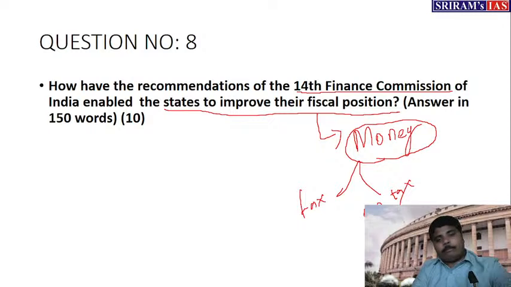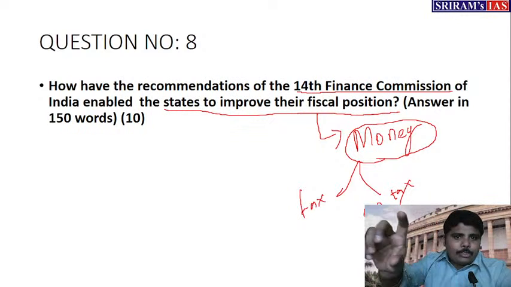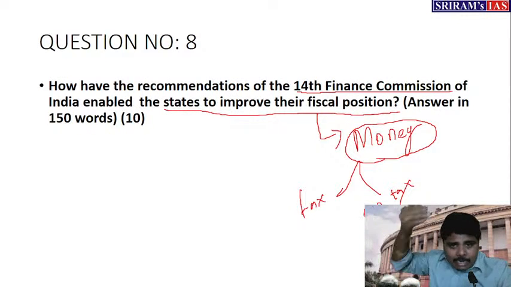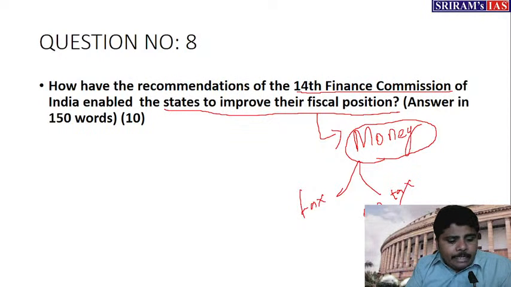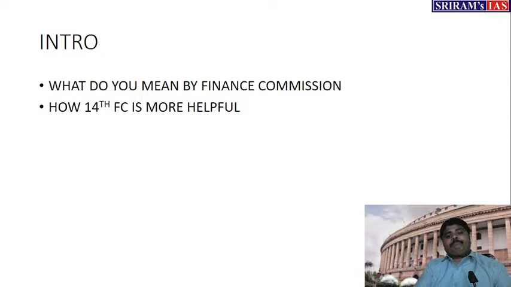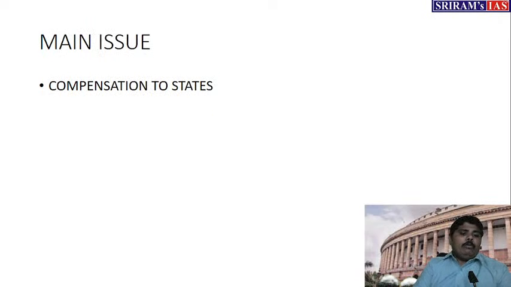That is separate. As they have used the words Finance Commission, I respect that and give some inputs in the intro line. Then I have to jump into the main part of the question, which is how the 14th Finance Commission is a unique Finance Commission that helps these things happen in a very comfortable manner. So the intro part is over. Now the main issue.